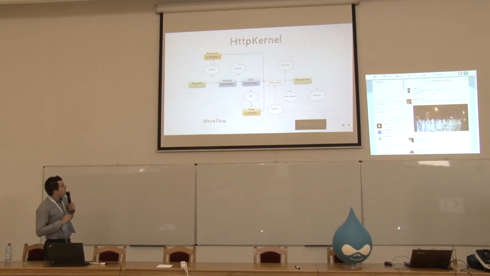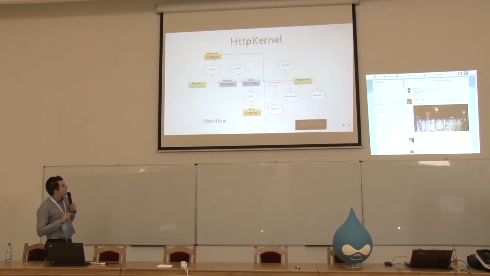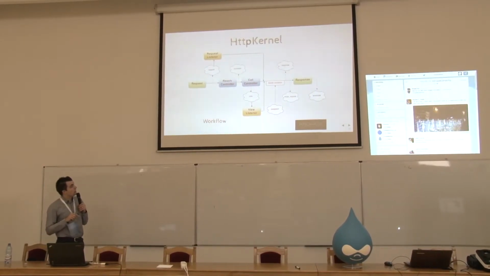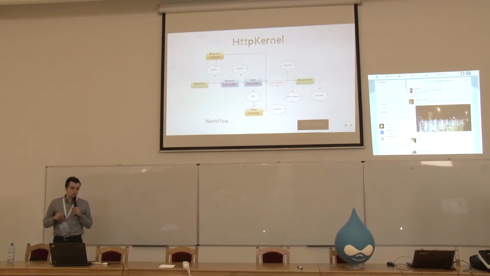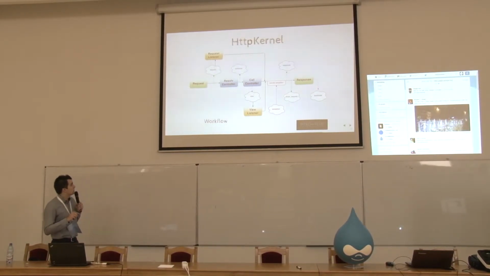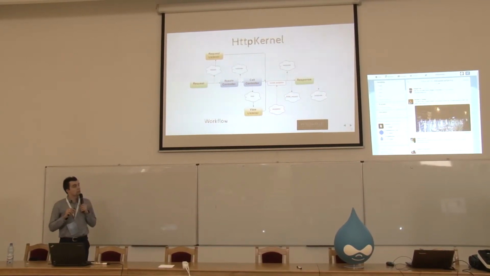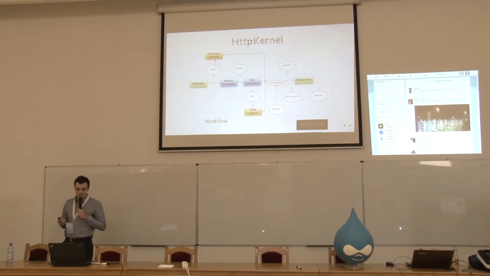In the HTTP kernel, a request enters, and it dispatches the request event. There can be request listeners that, if they return a response object, all this path is skipped. So you don't have to resolve the controller if one listener from the request event returns a response object.